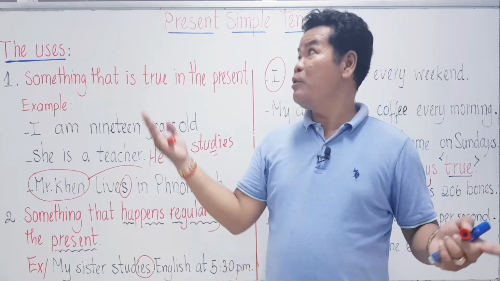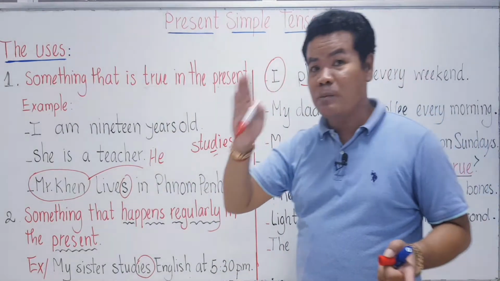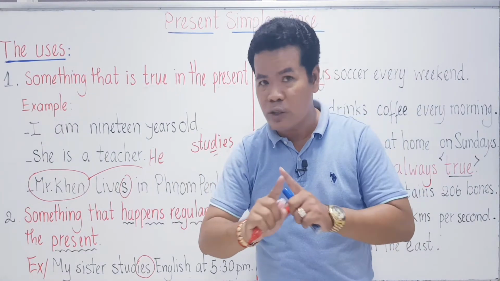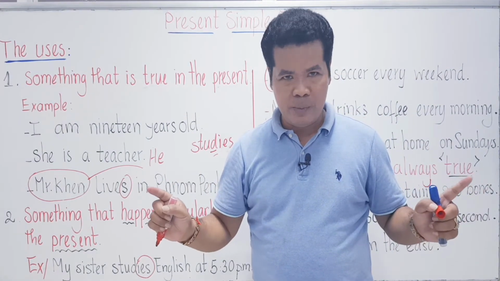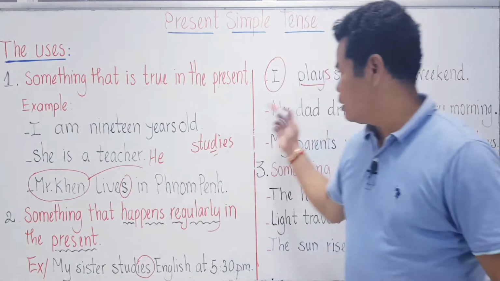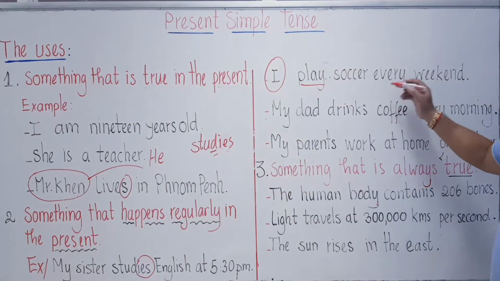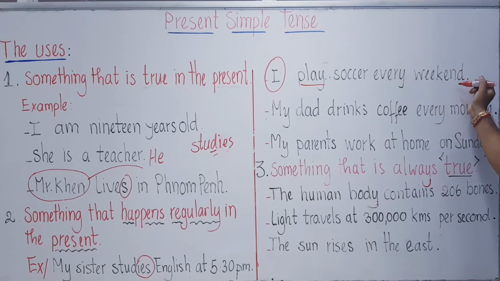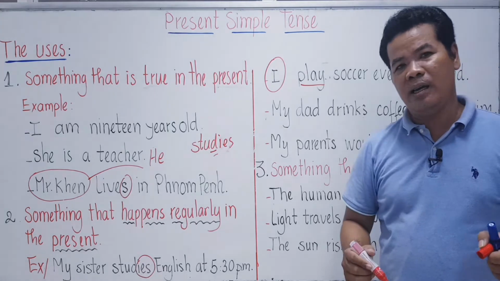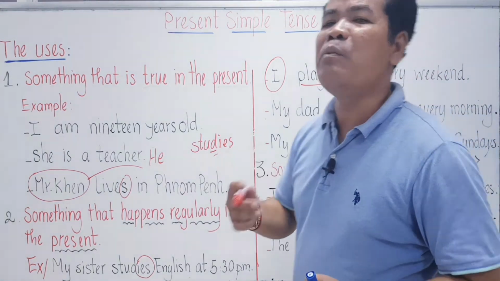So what happens if we use the present simple, but the subject is I, we, you, and they? There is no s. Remember? Okay, sure. Now, I play soccer every weekend, not only one weekend, every weekend. The action I play soccer is not only one day, not only one weekend, every weekend.